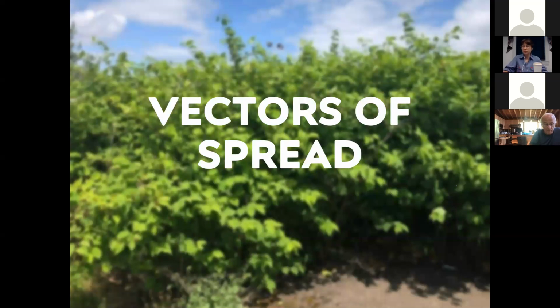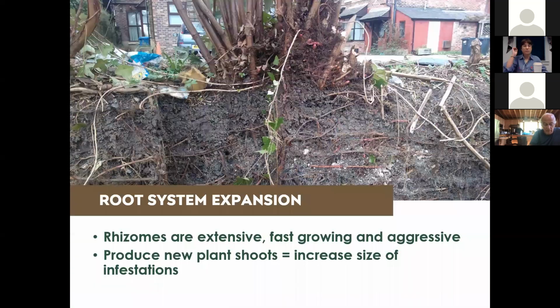So getting into some vectors of spread here. I've been talking a lot about these root systems and rhizomes of knotweed. So you can see here how deep and far those rhizomes really do spread from the plant. The rhizomes are very extensive. They're very, very fast growing and very aggressive.